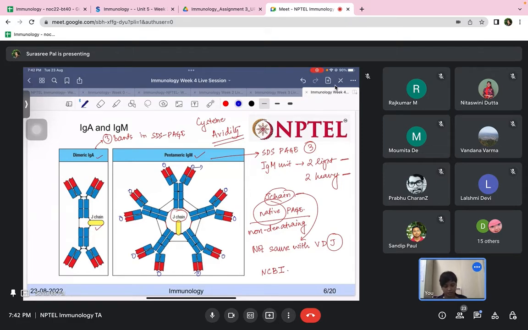These are the antigens, right? By binding to 10 antigen molecules together, it can definitely help in better effector function. So it can help in clearing the antigen much faster. This is why this multimeric form of IgM is very essential during the initial course of the infection.